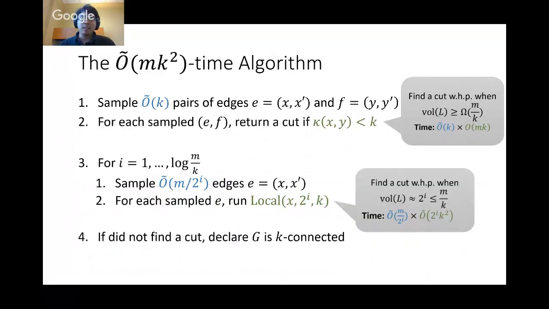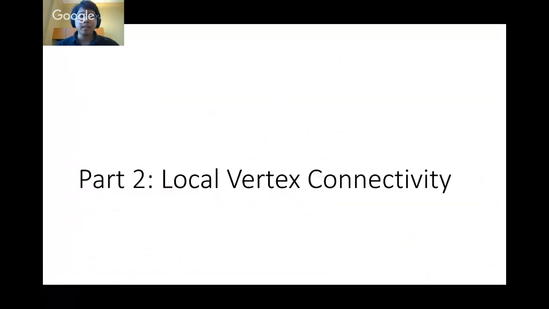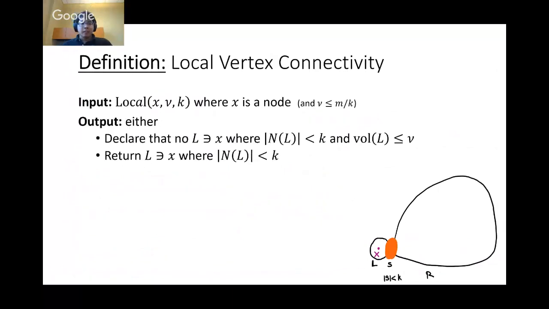So if the framework is clear, what is left is really just how to do this local vertex connectivity, right? If we can do it in nu K square time, then we are done. So this is what we are going to do next.